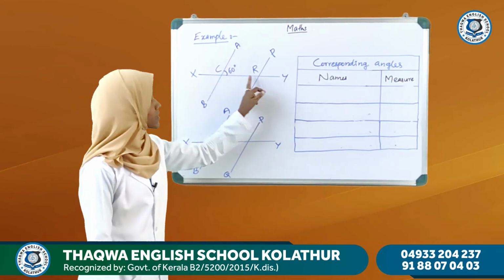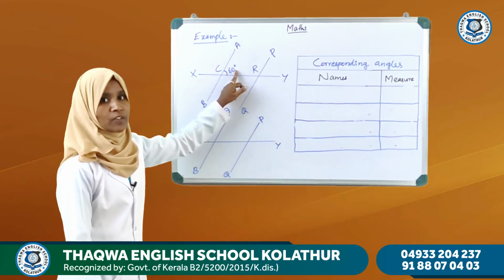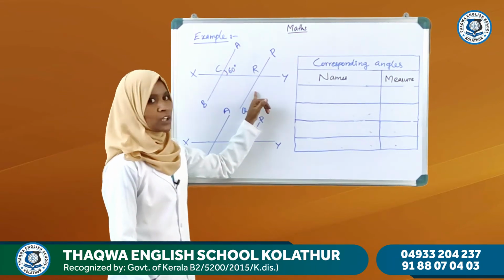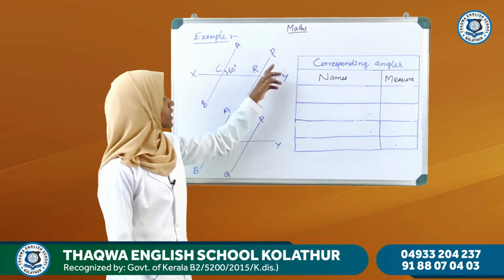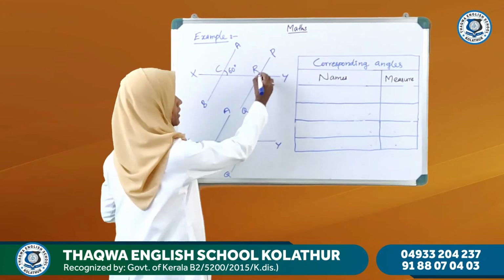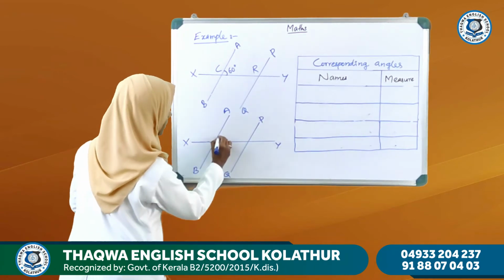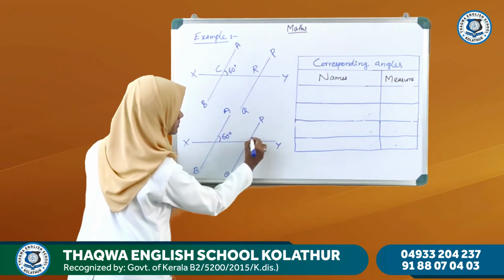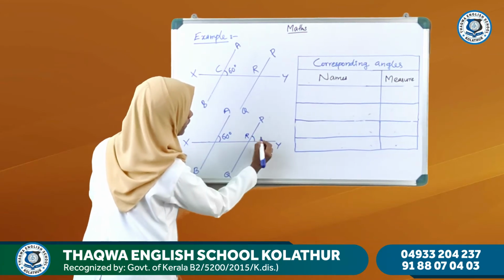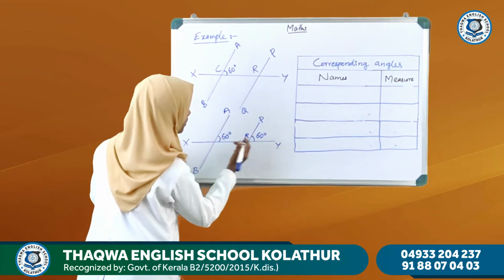That is you have given in the question. Now since AB and PQ are parallel, angle PRY is 60 degree. So let us mark angle PRY is 60 degree.